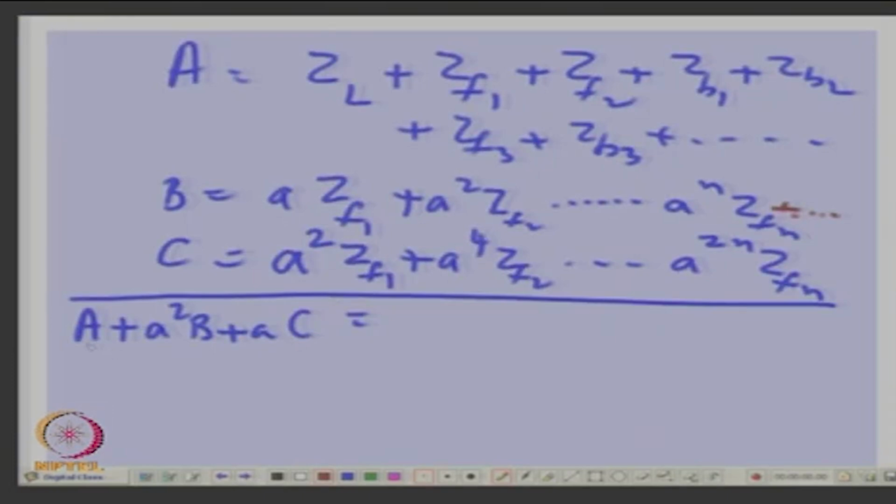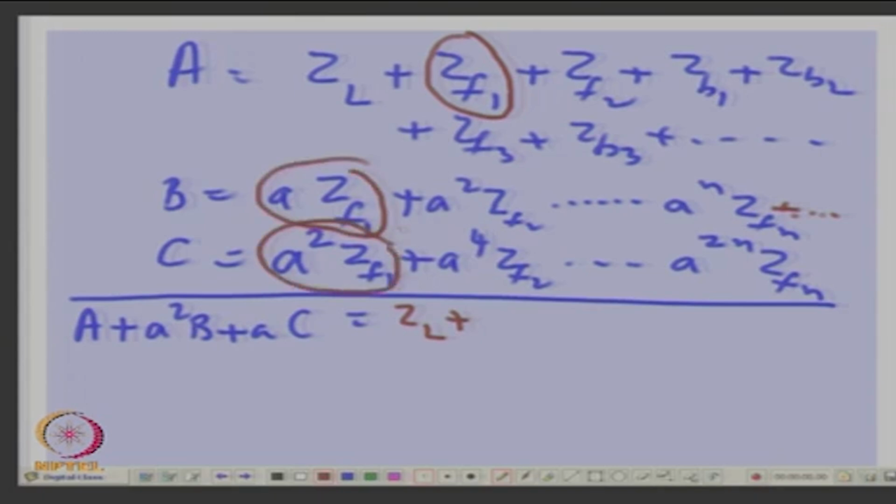Now if you do that, A plus A square B plus AC, so you can say ZL of course will be there. Now you take the ZF1 term, so it will be ZF1, A square B is again ZF1 and AC is again ZF1, plus 3 times ZF1, is not it.